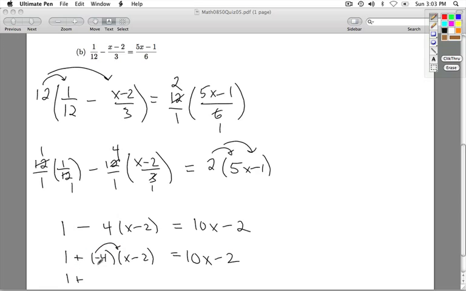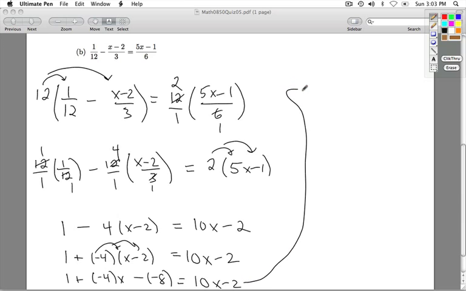It's 1 plus negative 4x minus negative 8. When I simplify this, I get 1 minus 4x plus 8.